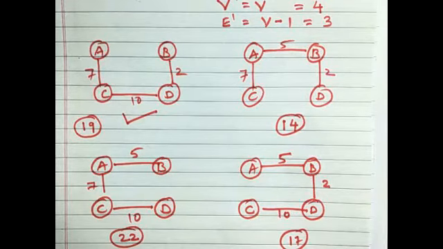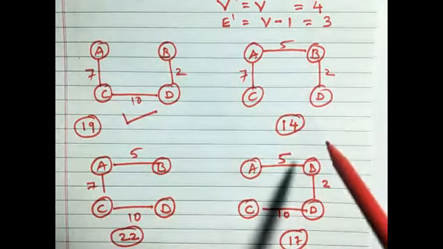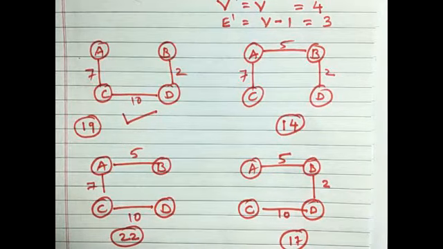Then we need to optimize our objective function, either maximize or minimize. Since spanning trees have weights, that is the cost, we need to find the minimum cost spanning tree. So we have 4 feasible solutions. Among these 4 feasible solutions, we need to derive an optimal solution that has the minimum cost.